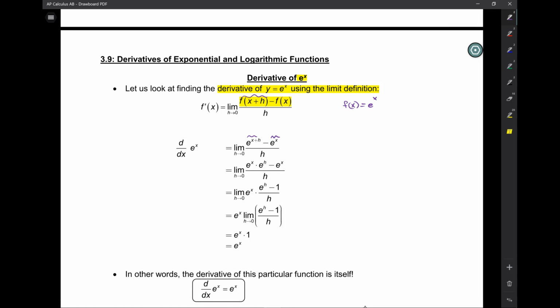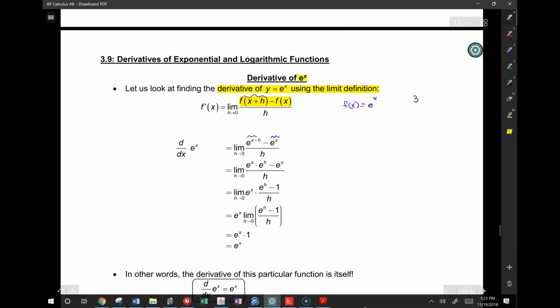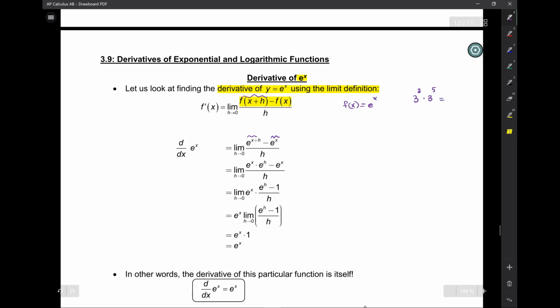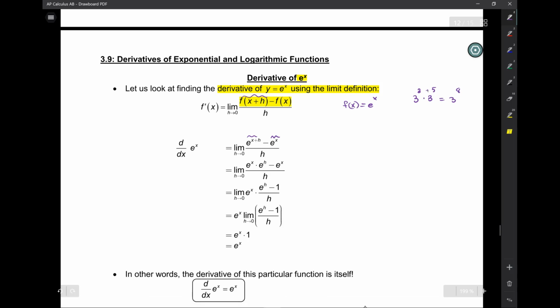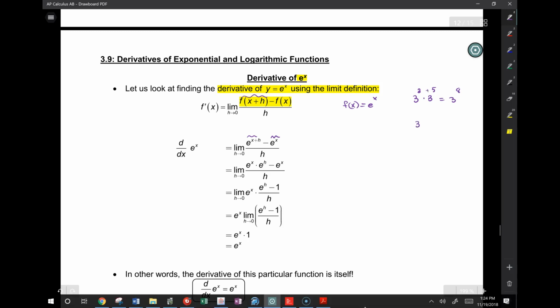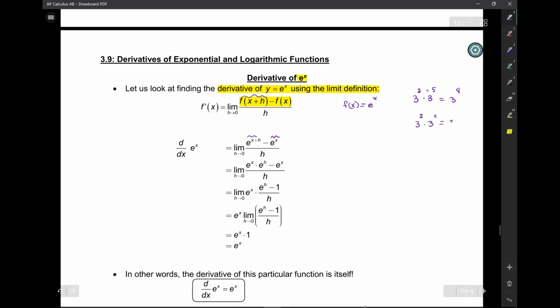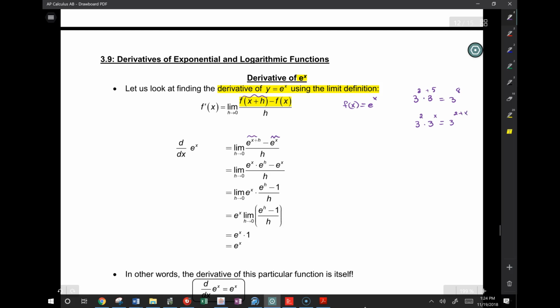So now, let's think about this for a minute. If I have 3 to the 3 times 3 to the 5, what is that? 3 to the 8, right? You add these exponents. So now if I have 3 to the 2 times 3 to the x, how much is that? 3 to the 2 plus x.